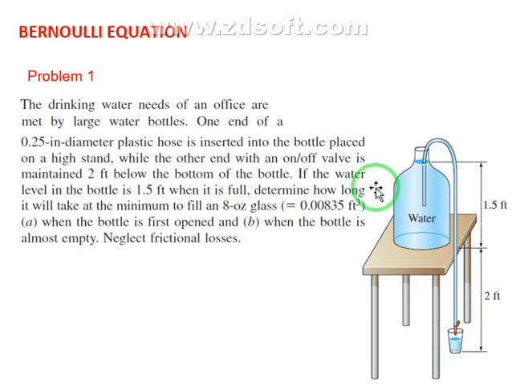For the first case, delta Z will be 1.5 plus 2 feet, right? So the rate of flow will be higher than when it's empty, because delta Z only will be 2 in the second case. Let's see how we're gonna solve this example together.